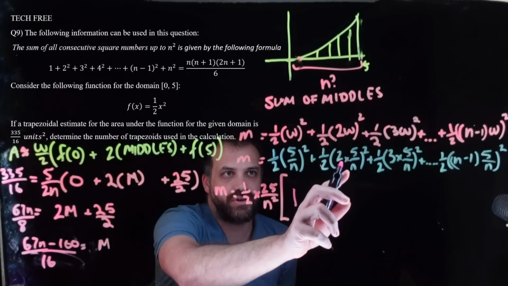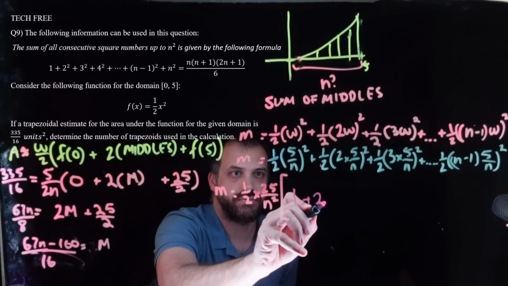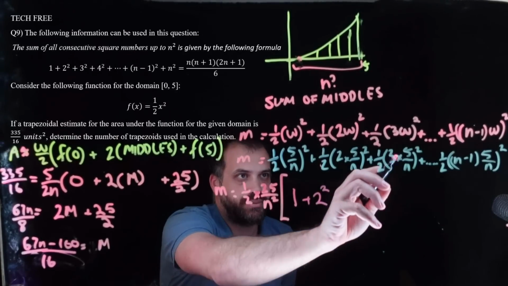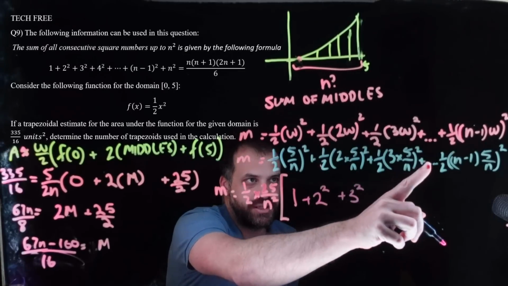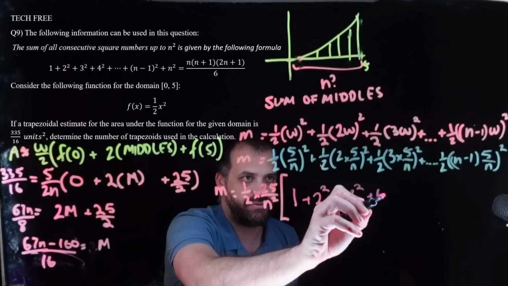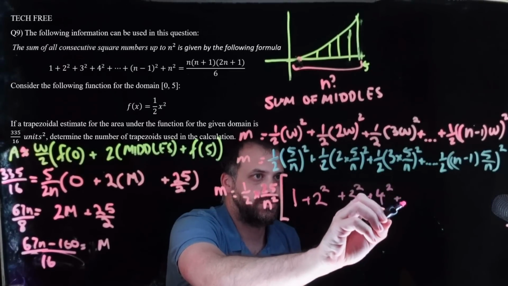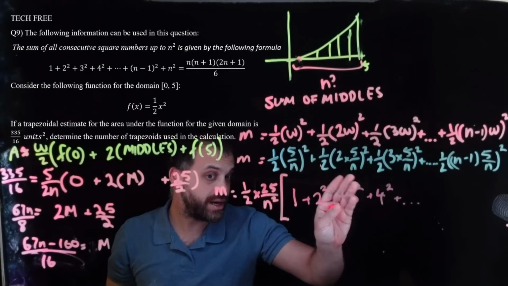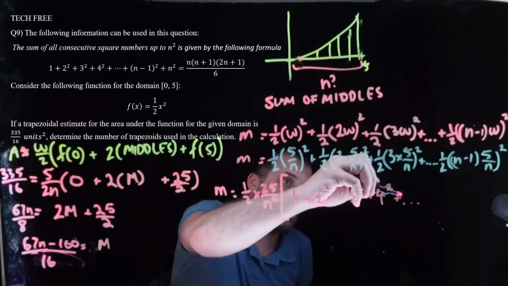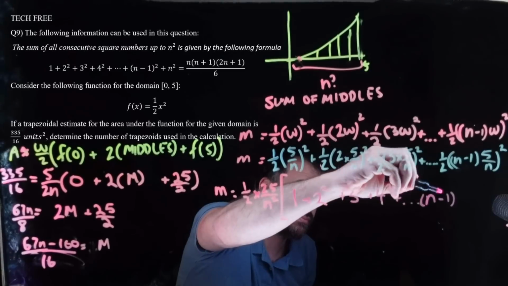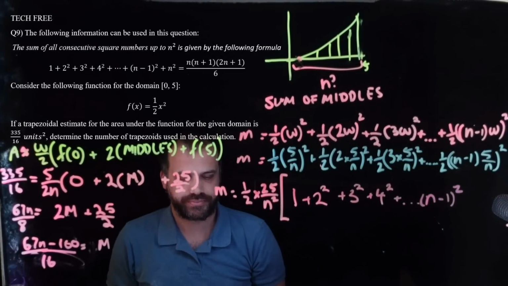Well, the only thing left over is the 2 squared. What about this? The only thing left over is the 3 squared. There's another one here that'll have a 4 squared. Dot, dot, dot. And the very last one, an n minus 1 squared.